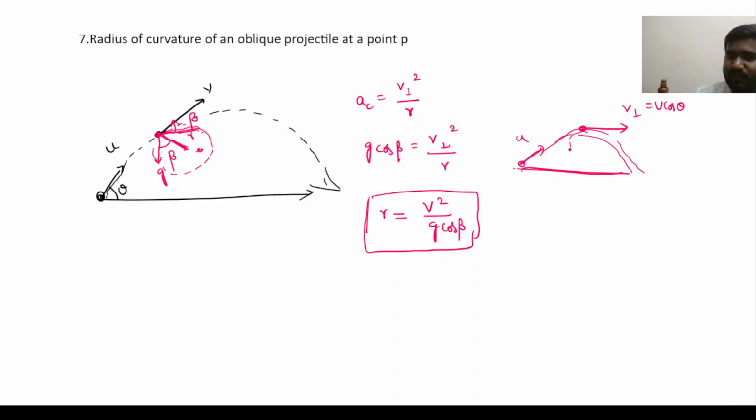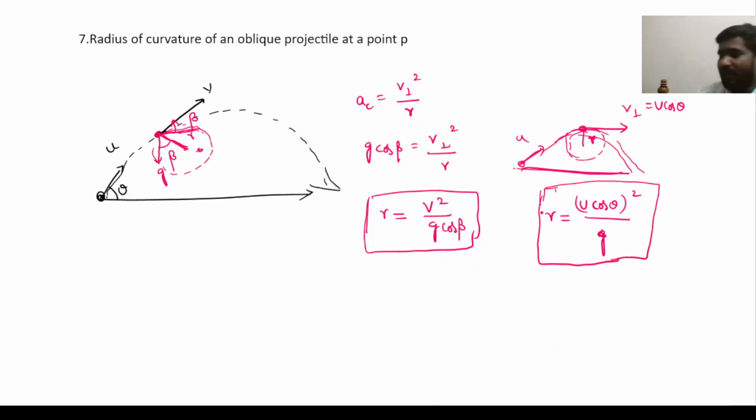Therefore, at this point, if you consider the body to be moving on a circular track, then the radius r equals the velocity u cos theta whole squared divided by the acceleration, which you can take as g. Here beta you can take as 0. Therefore, cos beta is equal to maximum.